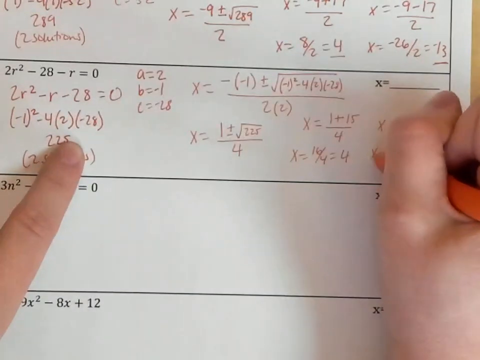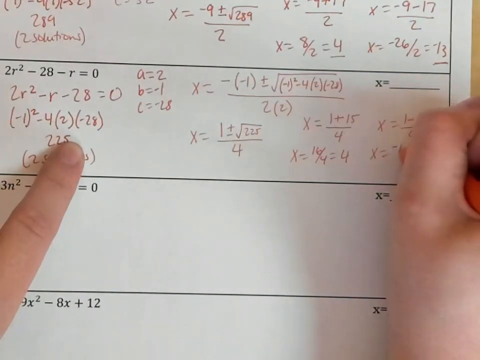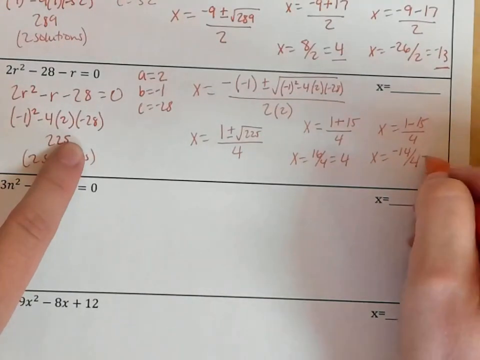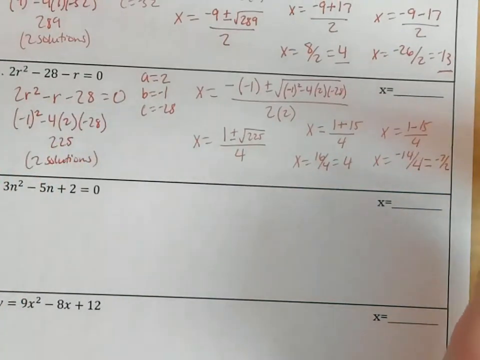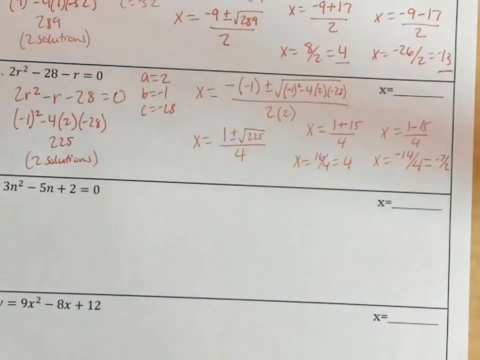And here I get negative 14 divided by 4. And when I simplify that, the simplest that I could make that is negative 7 halves, or negative 3 1/2. I'm going to leave my answer as a fraction just because I generally like to do that, because a lot of fractions have those repeating decimals, and just to keep everything nice and accurate, I try to keep the fraction rather than the decimal.